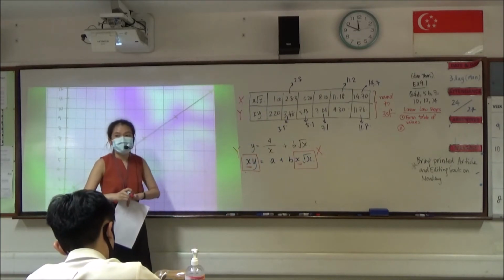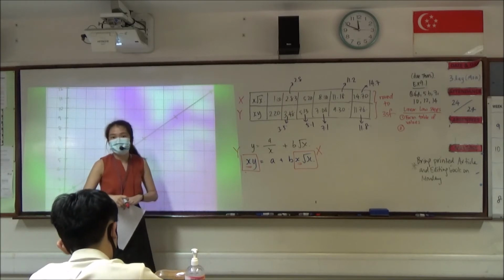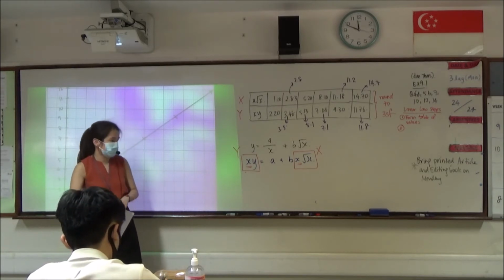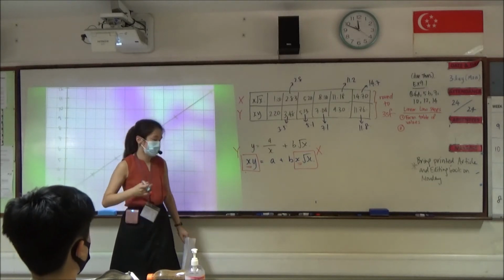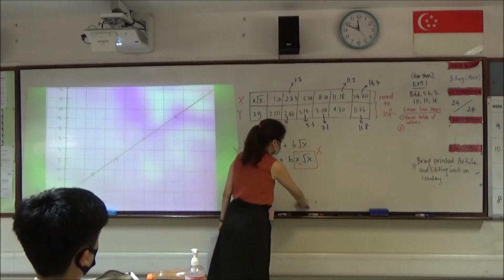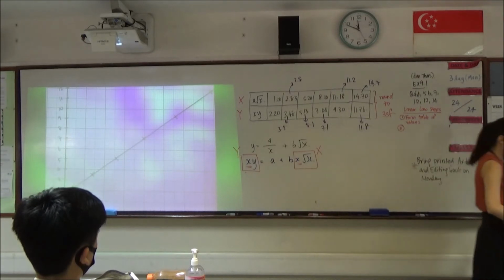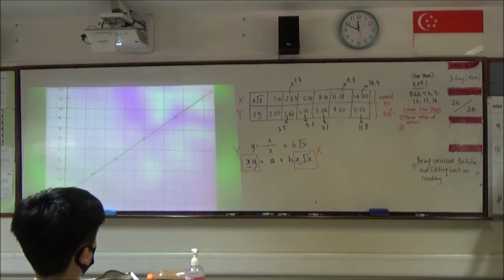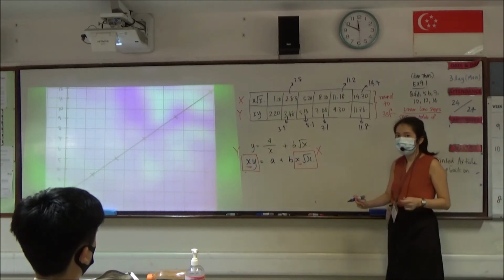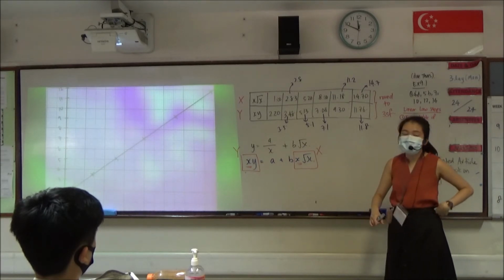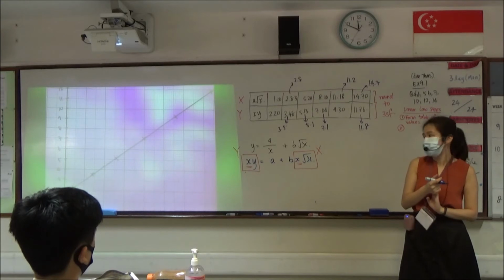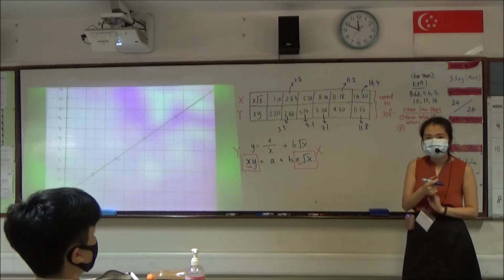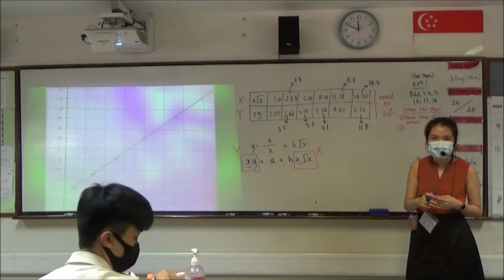So what is the gradient value that you can identify in this equation? The gradient matches out with which one? Gradient matches with what, Joseph? Y equals mx plus c. So which is the gradient? What represents the gradient?